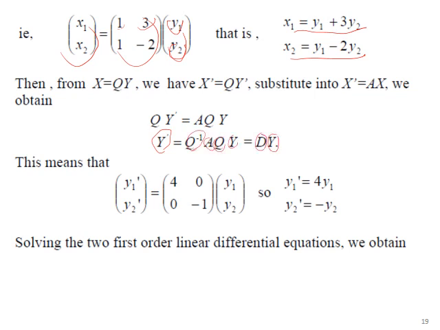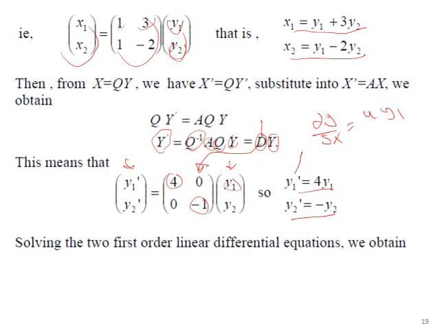D is this one, times y1 y2, and this is y1 dash y2 dash. If I multiply, it will be 4y1, and here minus y2. So I got two equations. By the way, don't forget, this is dy over dt. It means y1 dash equals 4y1.